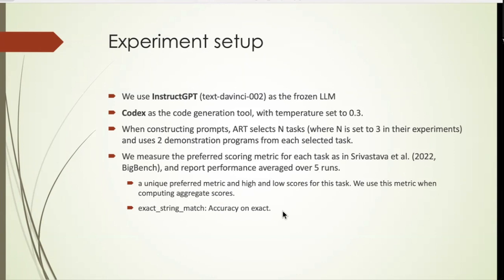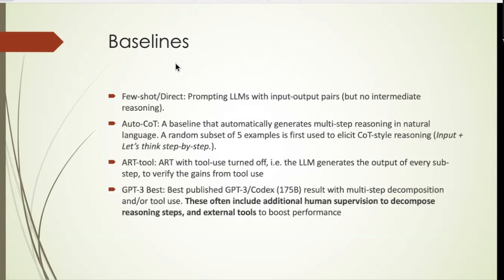Yeah, so they also compare to different baselines. Like a few shot in-context examples, so no intermediate reasoning provided, just Q&As without any reasonings. They compare to auto chain of thoughts, where the reasonings are auto-generated by the LLM.